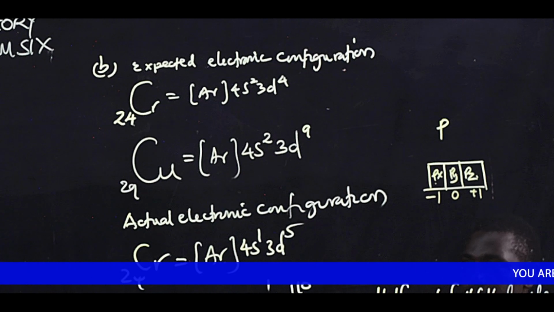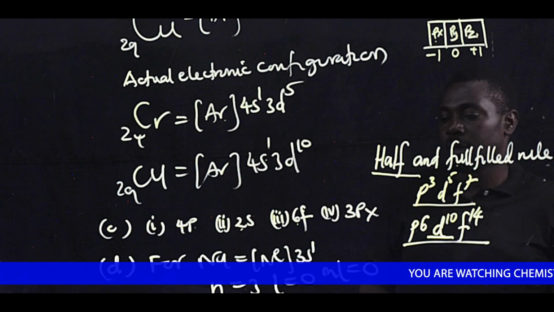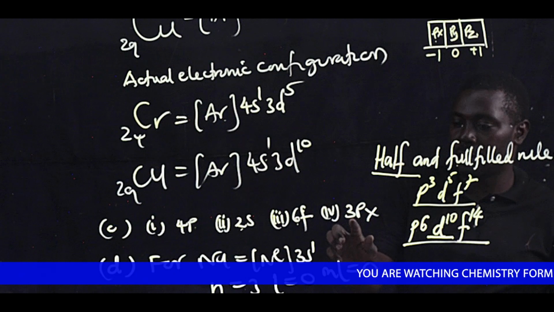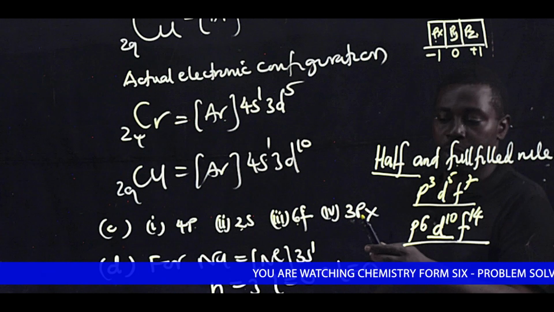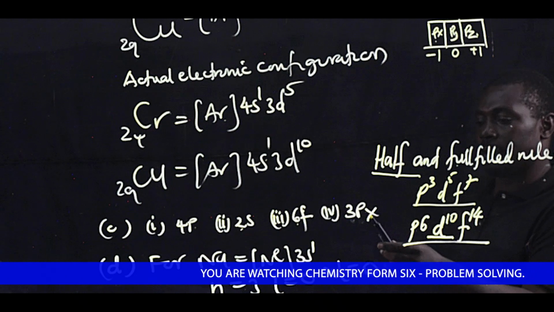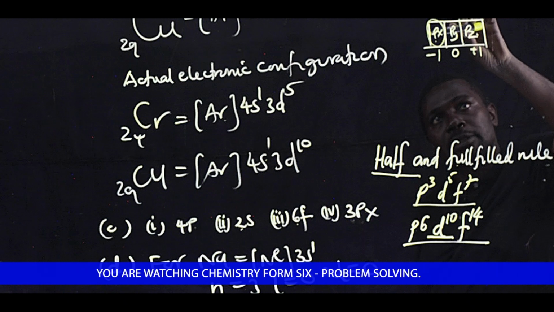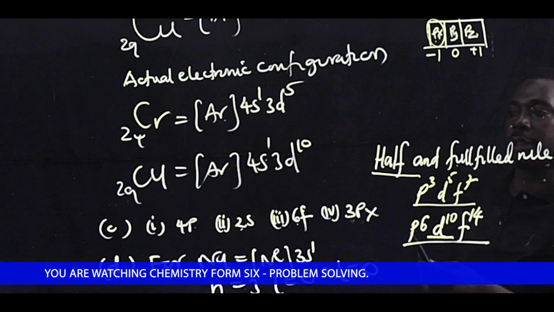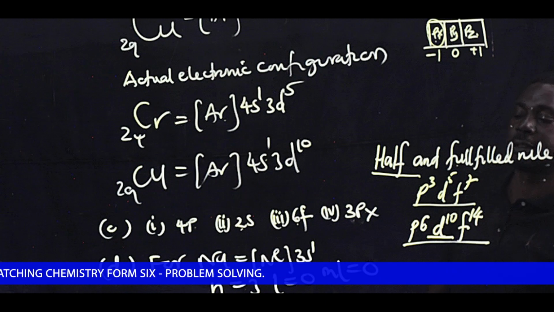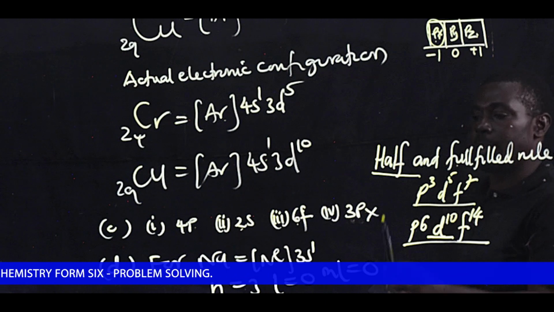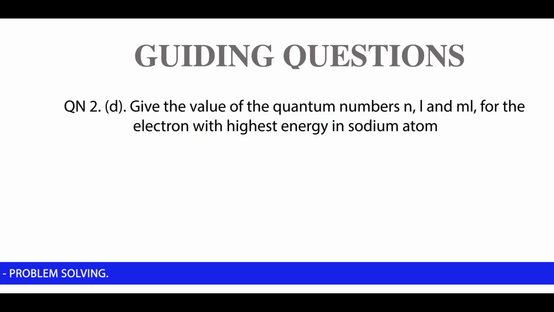So the orbital described by these 3 quantum numbers: n is equal to 3, representing shell number 3; L is equal to 1, representing a p orbital; and ML negative 1 represents the orbital which is specified as px. So the orbital described is 3px.